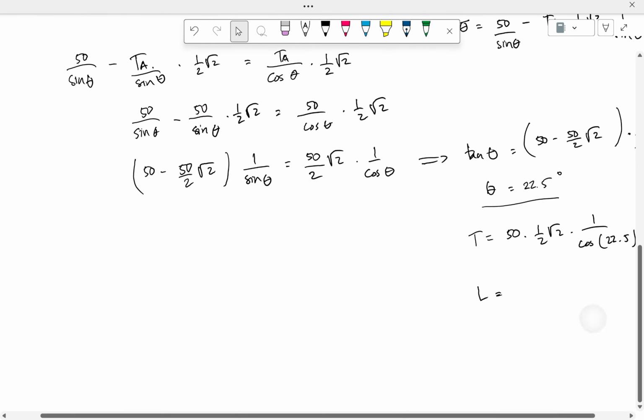And this is the angle theta, and this is the tension. Let's calculate the tension to make it complete. 38.29. Sorry, that's not L, that is the tension.